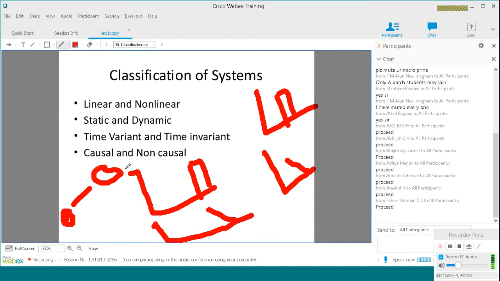Suppose we need to know approximately with what velocity it is moving and in what direction. So, we need to know about its behavior. Some kind of prediction is required. So, you are predicting and then only you will be able to hit it correctly. So, this is an example of a non-causal system.